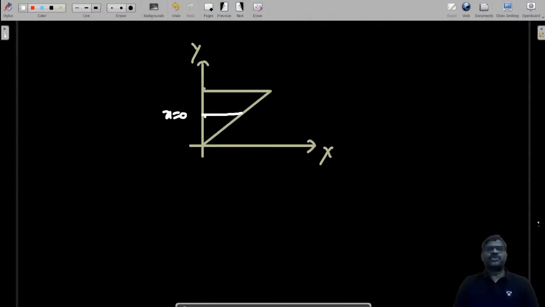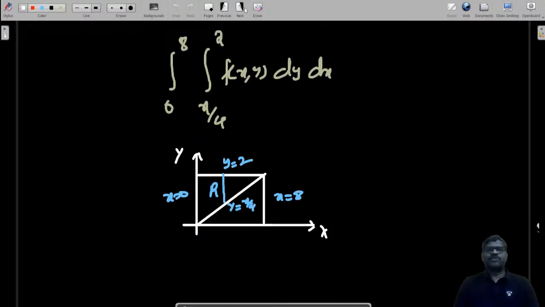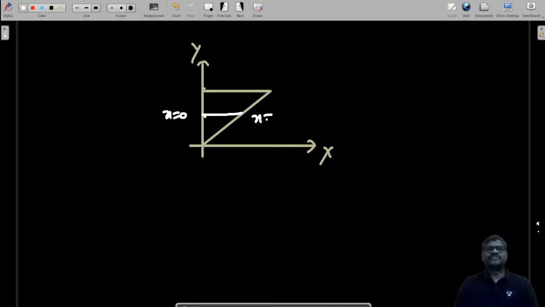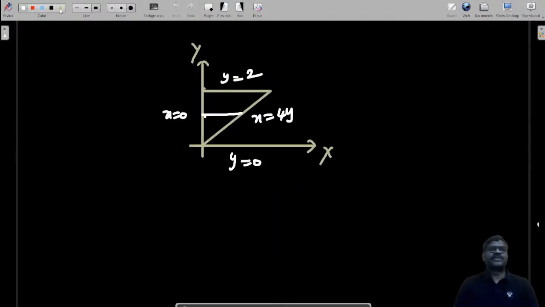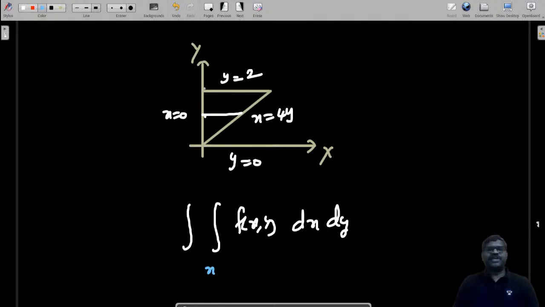Here x equal to 0, x equal to 4y, y equal to 0, y equal to 2. Now, double integral function of xy dx dy. X varies from 0 to 4y, y varies from 0 to 2.